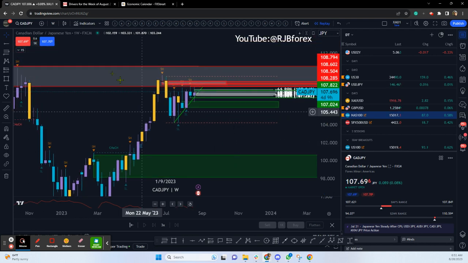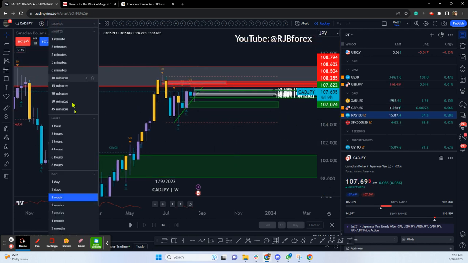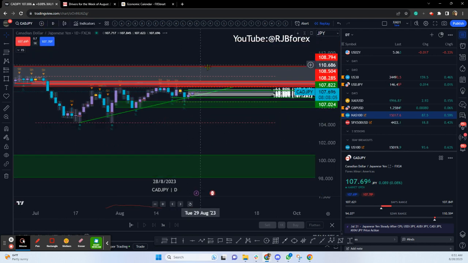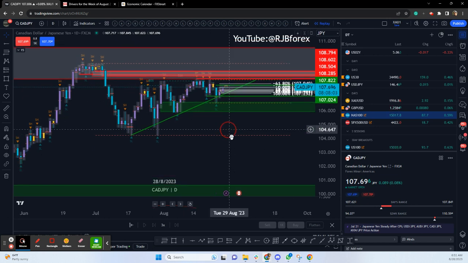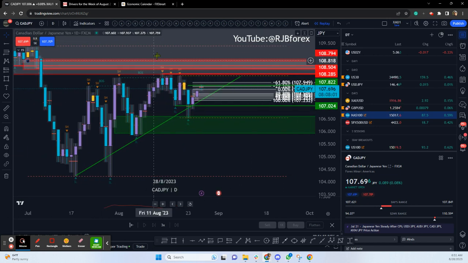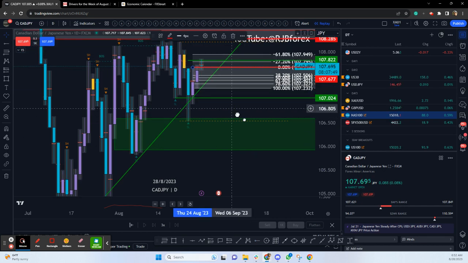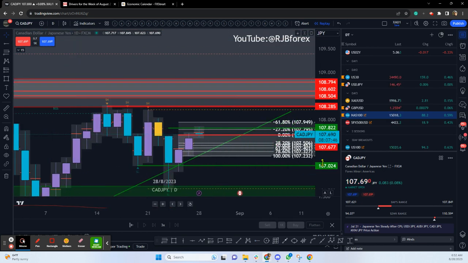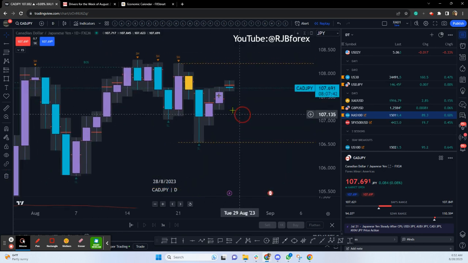Okay, on the weekly, and coming in on the daily. Testing resistance. We're actually above resistance, old resistance. And there, zooming in. Let's clean up the chart entirely, in fact. So zooming in.